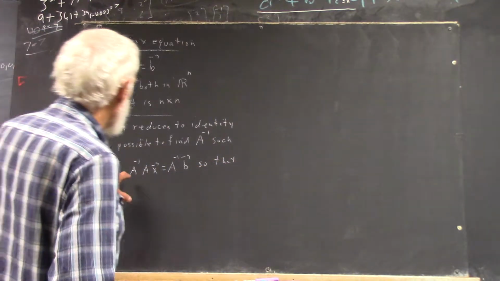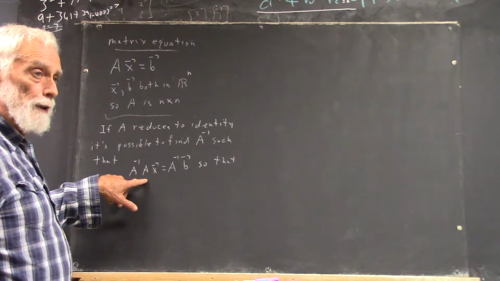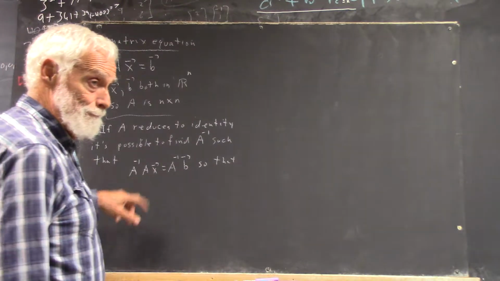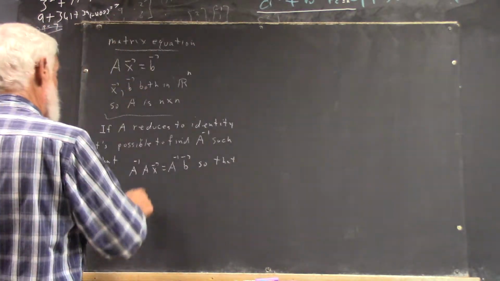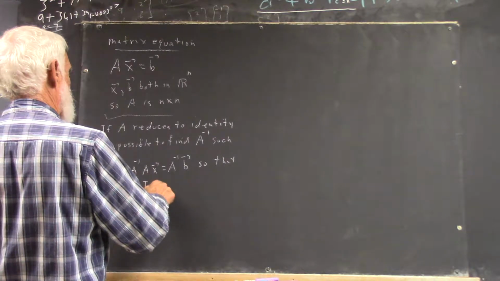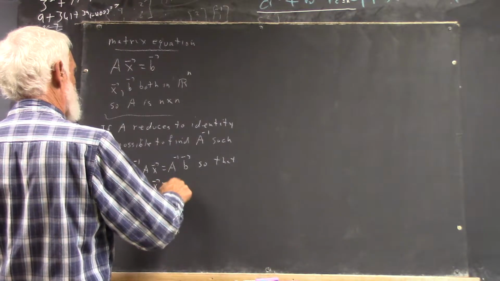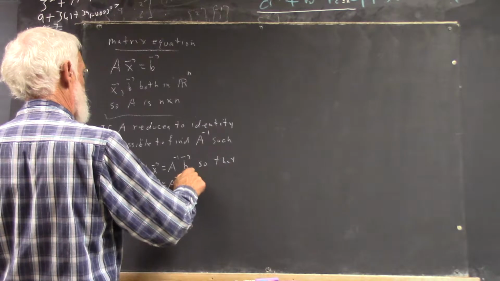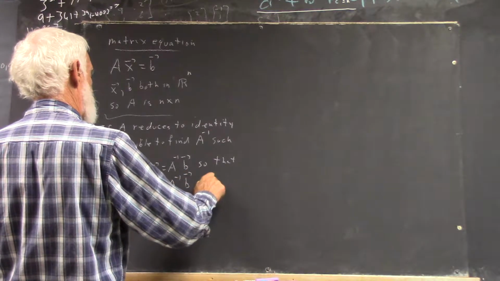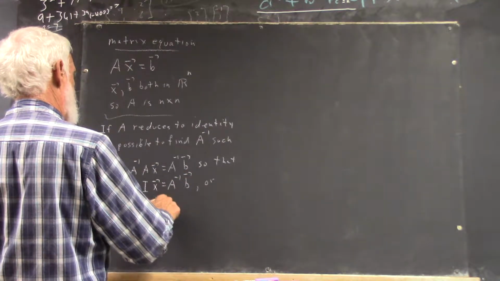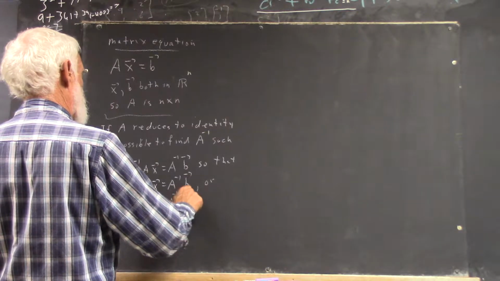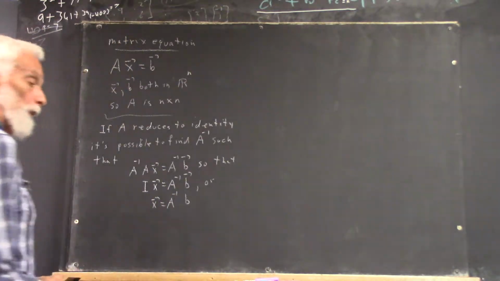Well, when you multiply an inverse by something, you get the identity. Okay? Or just X equals A inverse B.